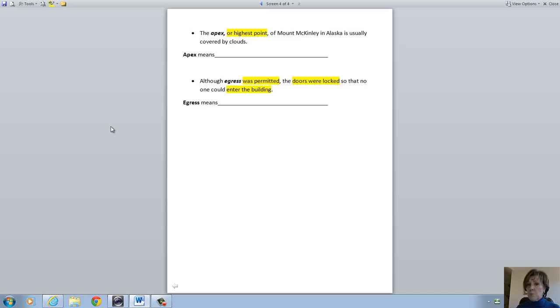So, egress was permitted, but the doors were locked. So, egress must mean that they're permitted to go out. Although they're permitted to exit, the doors were locked, so no one could enter or go out. So, egress must mean exit, right?